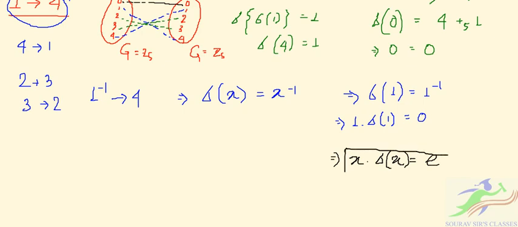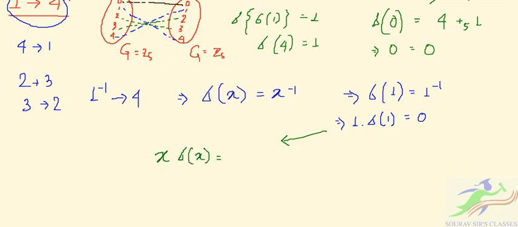So from this relation let me write it more clearly. So from here we can write x of phi of x is equal to e.